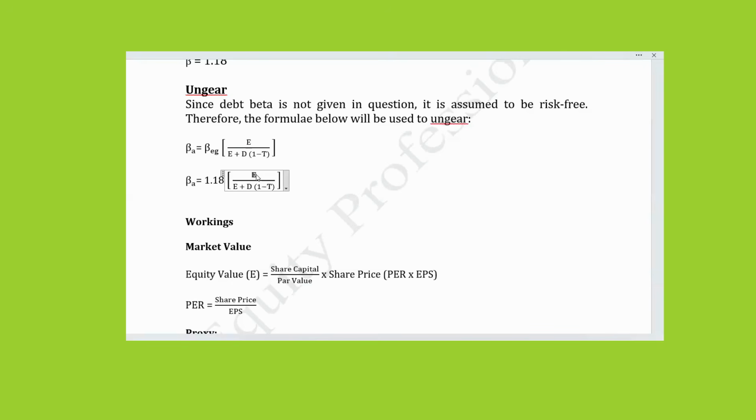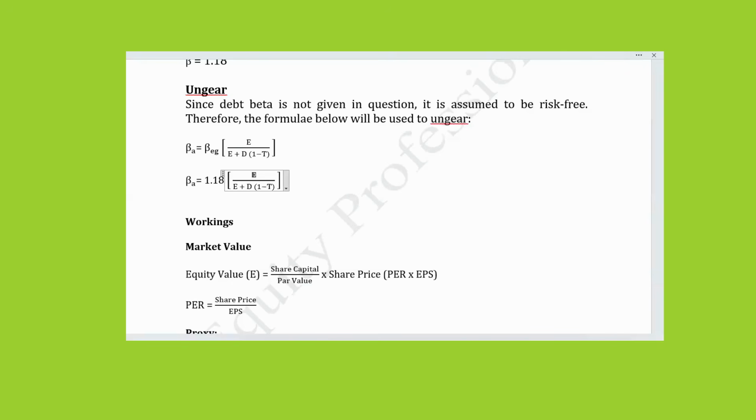You can use a single value to calculate your gearing, debt over equity. That's one way. You can use total value by saying debt over equity plus debt as your denominator. But if the examiner does not define your gearing ratio for you, you are at liberty to use any one. But whichever you use, you just have to state your assumption.